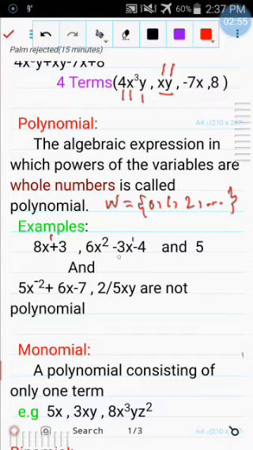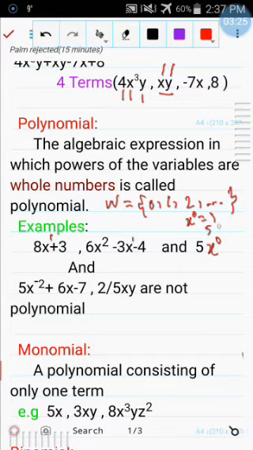Similarly, 6x² - 3x - 4 is a polynomial because the powers of the variable are 1 and 2, which belong to whole numbers. 5 is also a polynomial because we can write x⁰ here, and we know that x⁰ is equal to 1, and when we multiply 1 by any number, the number does not change.